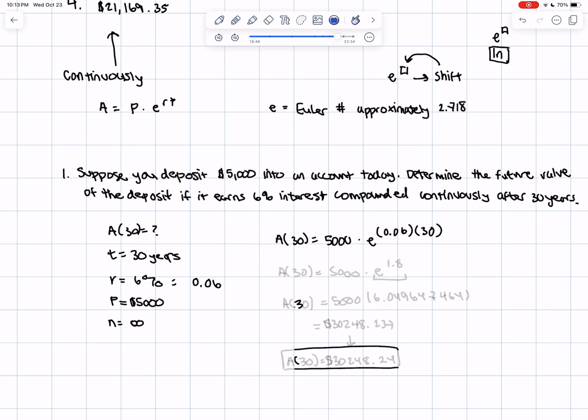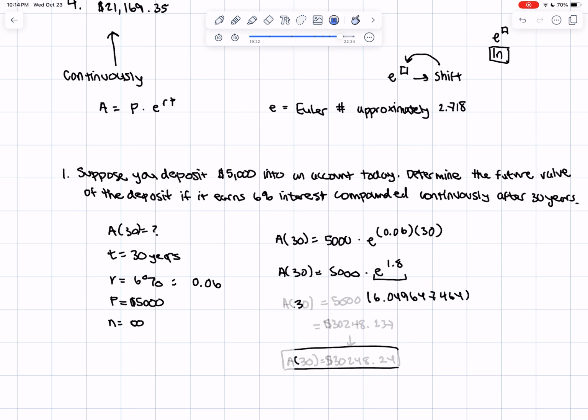I feel like these are a lot simpler to solve. They're not as complex as the other one. I'm going to multiply the exponents first. So 0.06 times 30 gives me 1.8. Then I'm going to do this together. So shift, press the E to the box button, 1.8 in your calculator, and you should get 6.049647464.